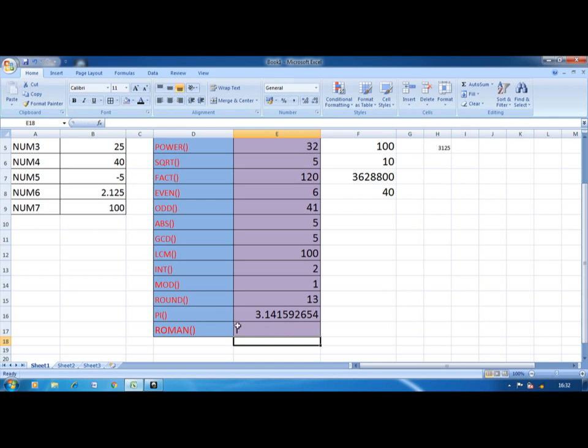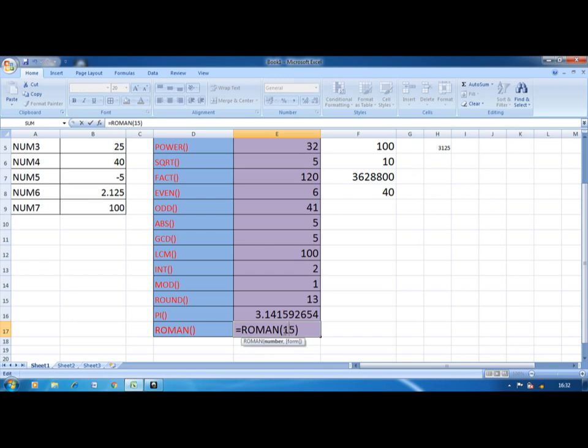It is I. Now I will write it as 5. So 5 is how much? V. Now instead of 5, I will make it as 15.